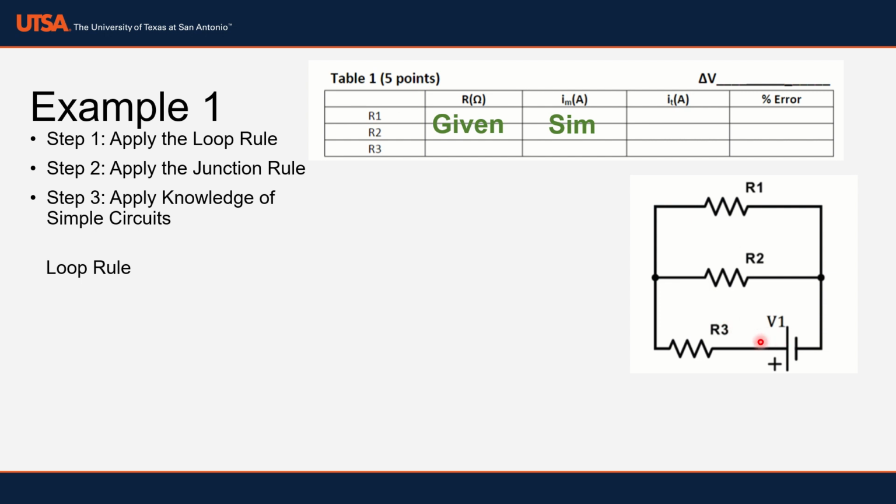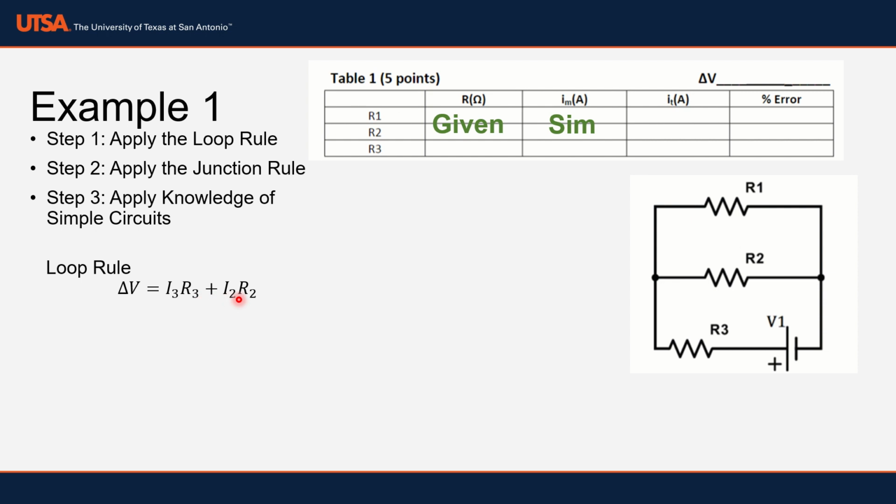So the current's going to travel, and I'm going to do this loop right here. It's going to hit I3, R3. I hit a junction, and it could go right at the junction, so my equation would be I3, R3 plus I2, R2, and it comes back around. So there's one equation, okay?